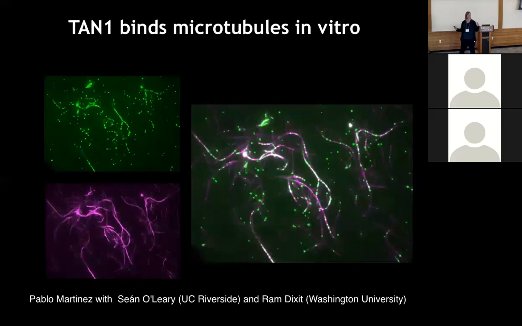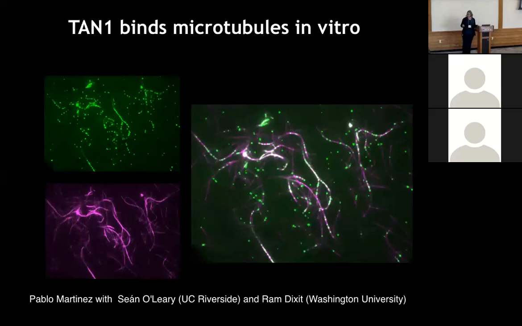So this is totally in vitro, just a few different components, just microtubules and just tangled protein. If we reconstitute microtubules in vitro and we add tangled protein that's fluorescently labeled, you can see that it accumulates along the microtubules. So this indicates that it directly binds microtubules.